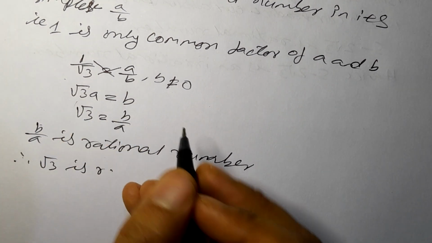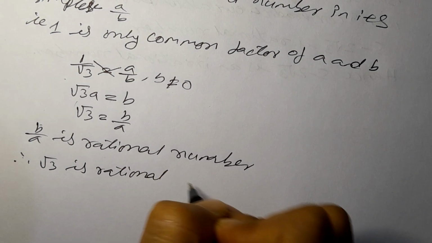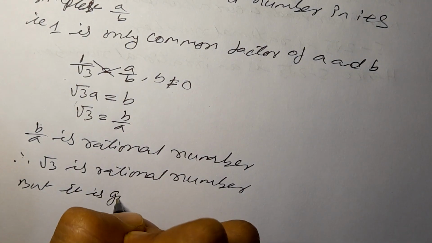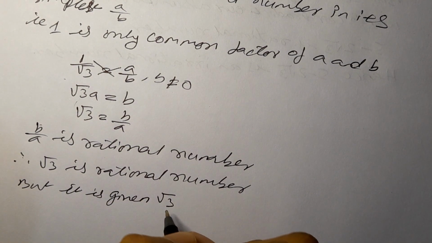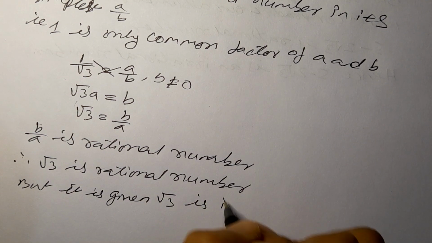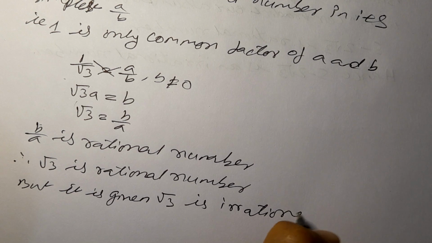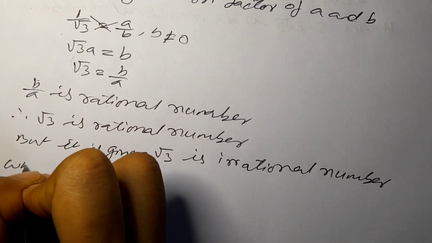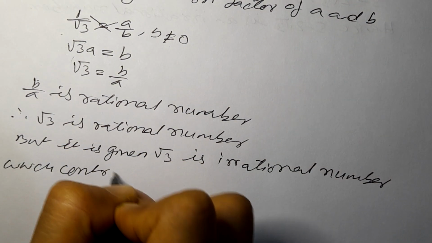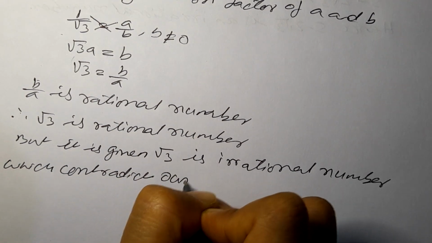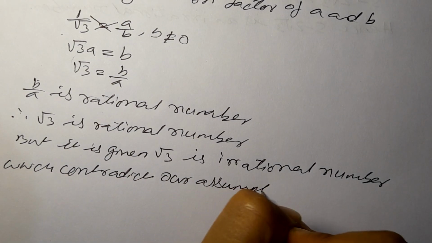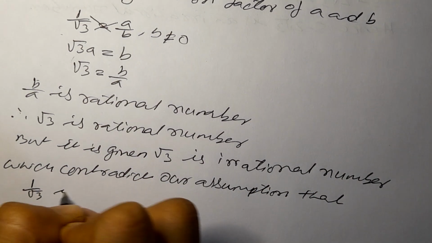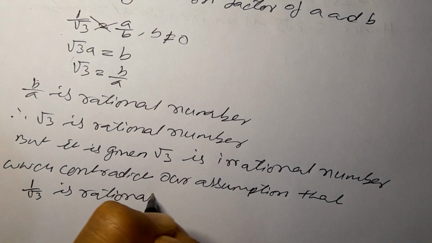So this side is rational, but it is given that root 3 is an irrational number, which contradicts our assumption that 1 by root 3 is a rational number.